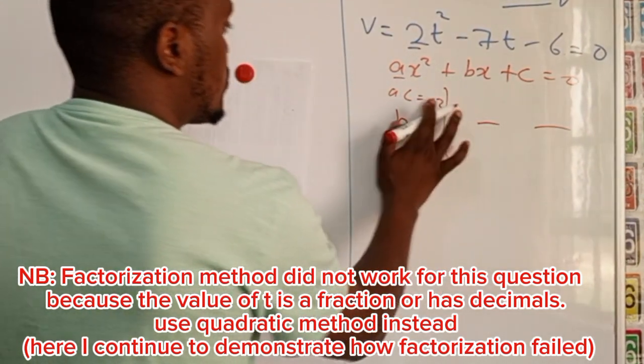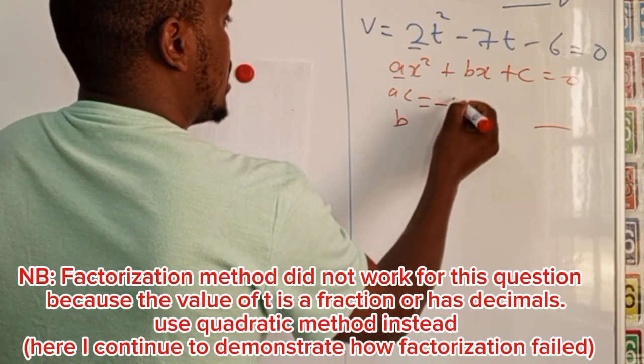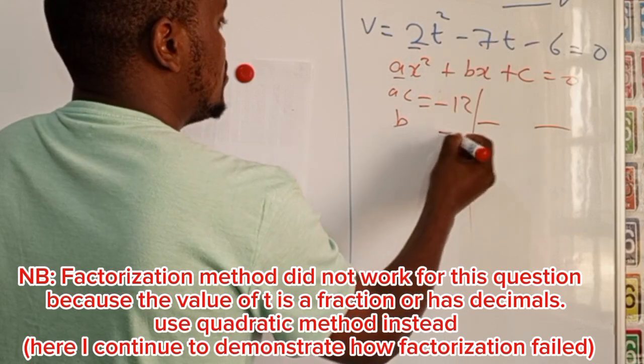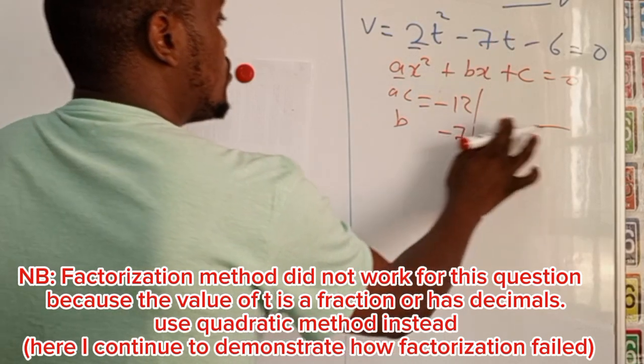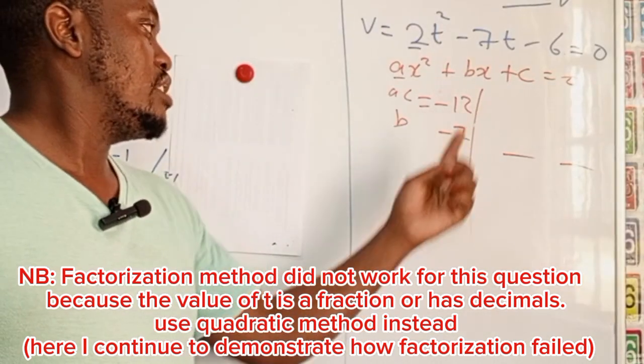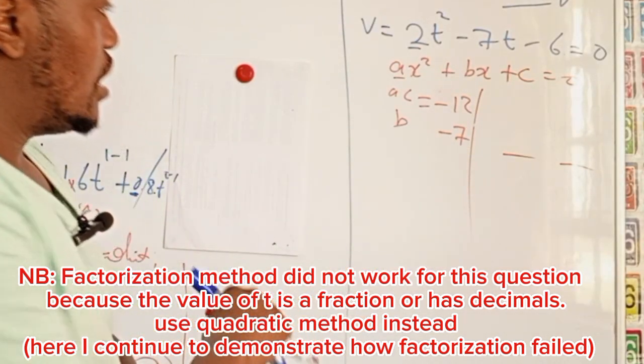And our b is negative 7. So we are looking for two factors that, when you multiply them, give you negative 12, and if you add them, give you negative 7.